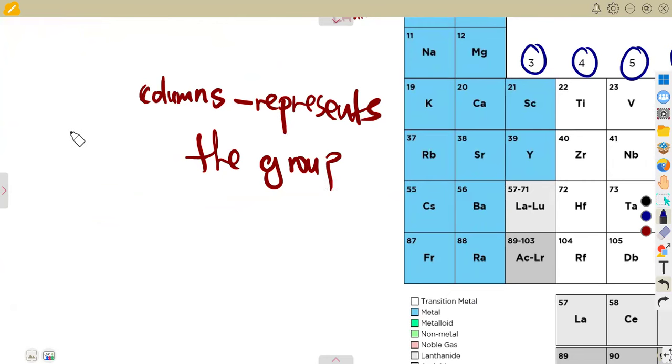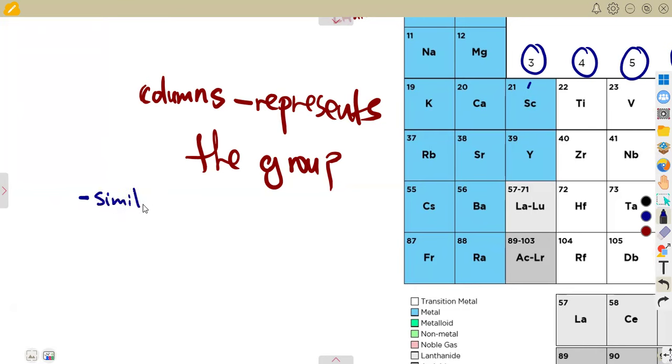Whenever you talk about the group, like let's say group number 3, group number 4, these groups that we have, they have got the same amount of electrons in the outer shell, causing them to have similar properties.